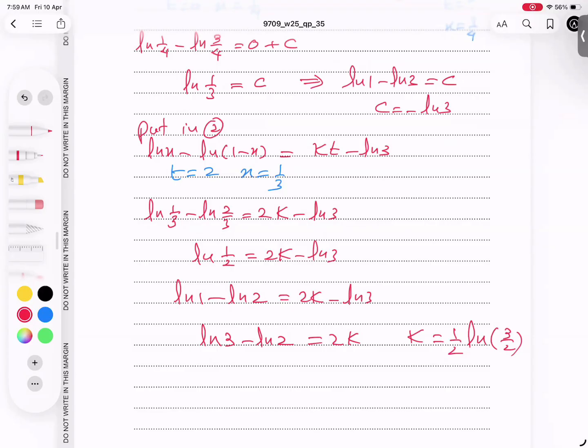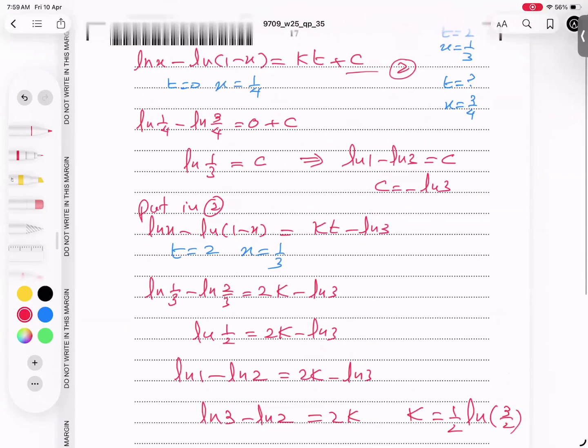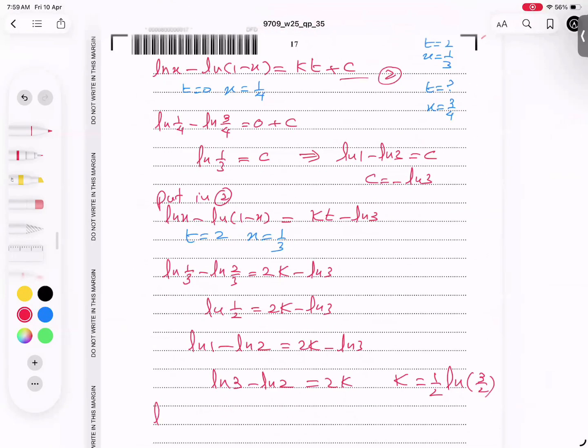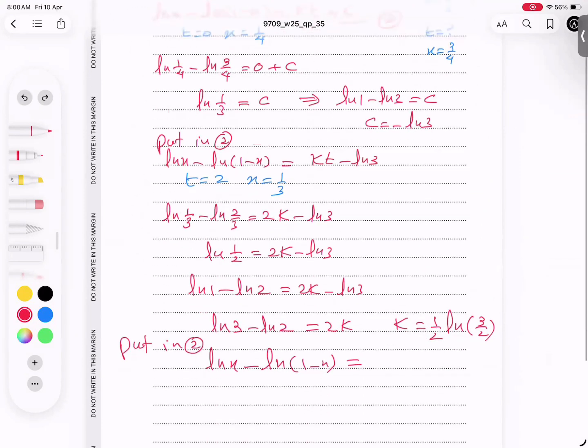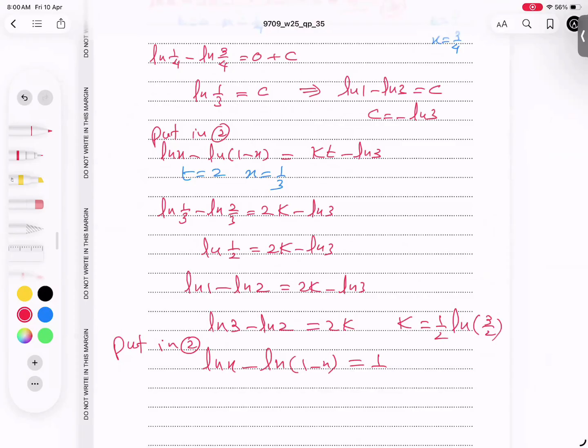So this value I'm going to replace in equation number 2. What I'm writing here, put in 2. So I'm getting log of x minus log of 1 minus x equals k value. This totally goes there. And c value we have already. So half log of 3 by 2 times 2t. And c value we have, minus log of 3.